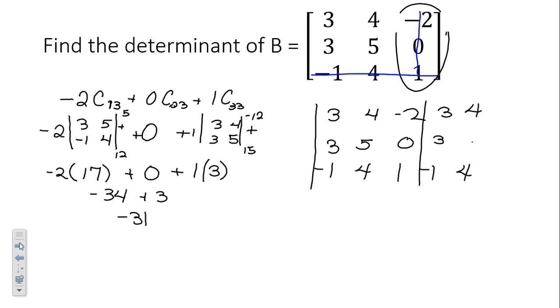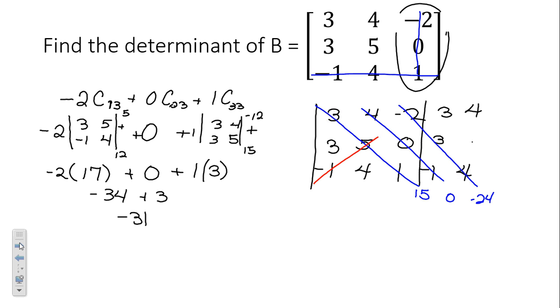I lost it because of the blue going through it. Okay, so we repeat the 2 rows, but we don't need that 5. Now, downward diagonals. 3 times 5 times 1, 4 times 0 times negative 1, negative 2 times 3 times 4. Upward diagonals, change the signs.